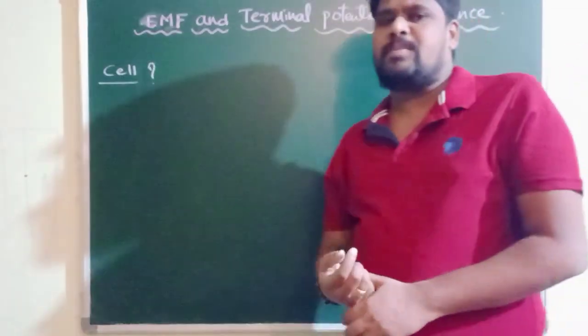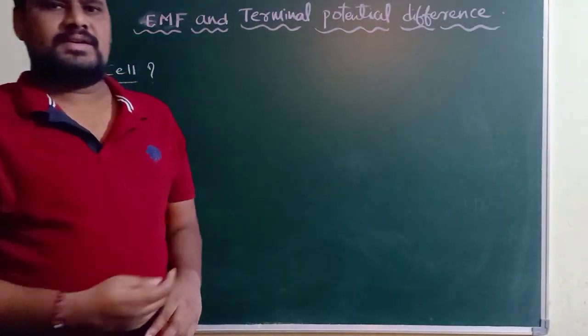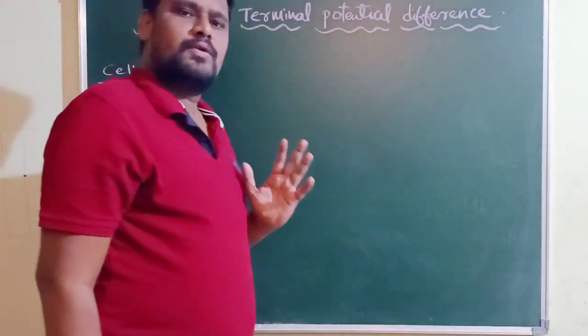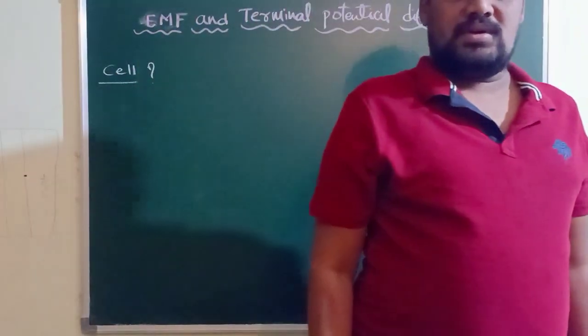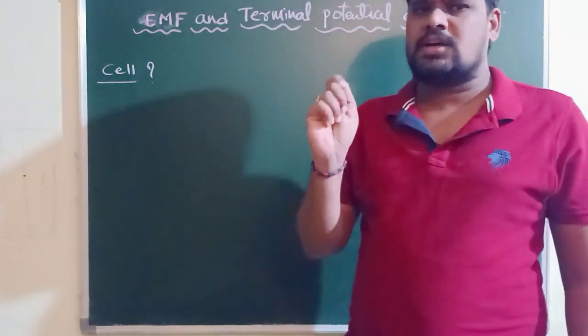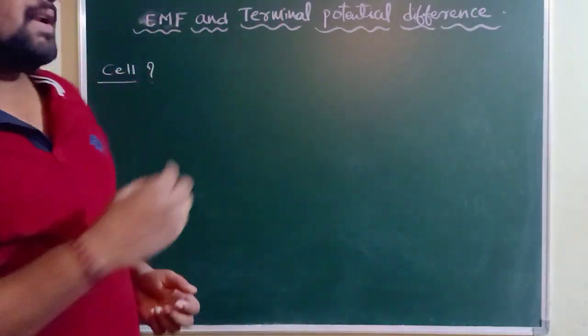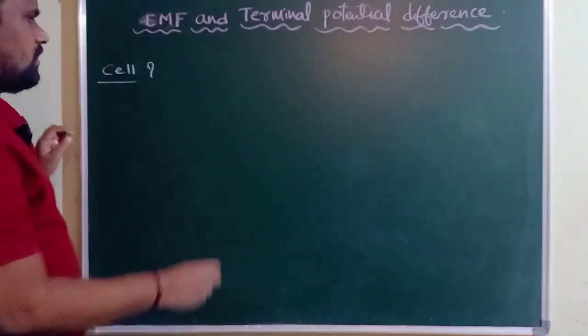How can the cell be defined in physics? Cell is a device which is used to draw the constant current to the circuit. The function of the cell is to provide the constant current to the external circuit. Let us consider a simple circuit here.